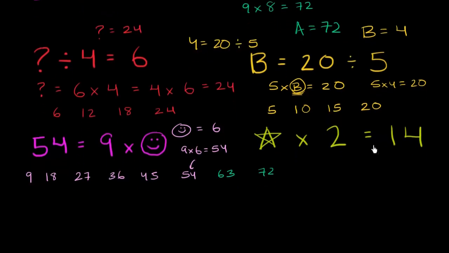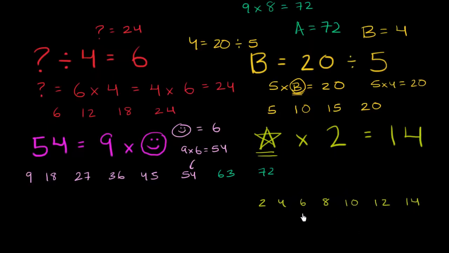Now we have one last one. We have star times 2 is equal to 14. So what times 2 is equal to 14? Well, let's just look at our multiples of 2. 2 times 1 is 2, 4, 6, 8, 10, 12, 14.